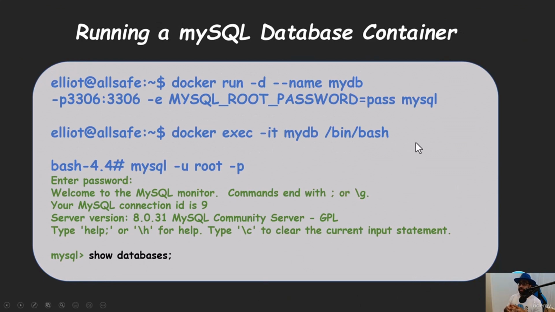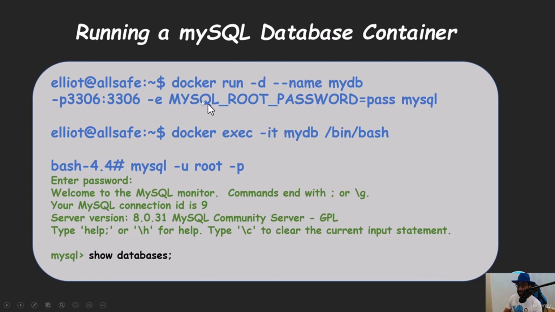So to run a MySQL database container, we are still going to use our beloved command docker run, with -d for detached mode. We'll give it a name, mydb, and we will do a port mapping 3306 on the host side to 3306 on the container side, and port 3306 is the default port for MySQL in case you don't know. We will also use the -e option, which stands for environment and sets an environment variable.